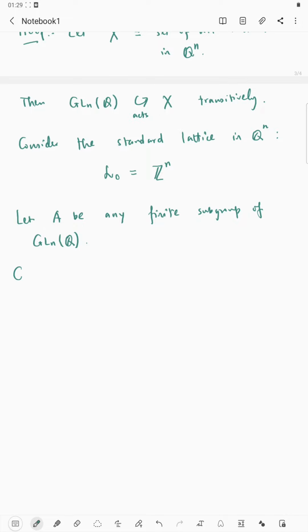Now consider the lattice L. So how is it defined? L is nothing but the sum of all those translates of these lattices by A inside Q^n. So this L again forms a lattice.